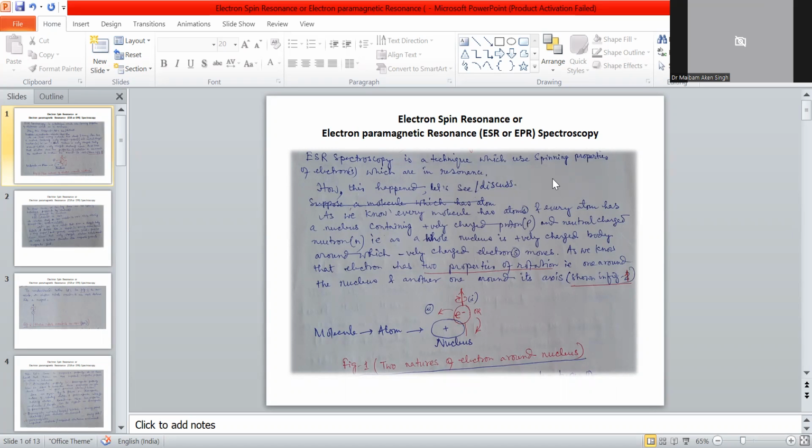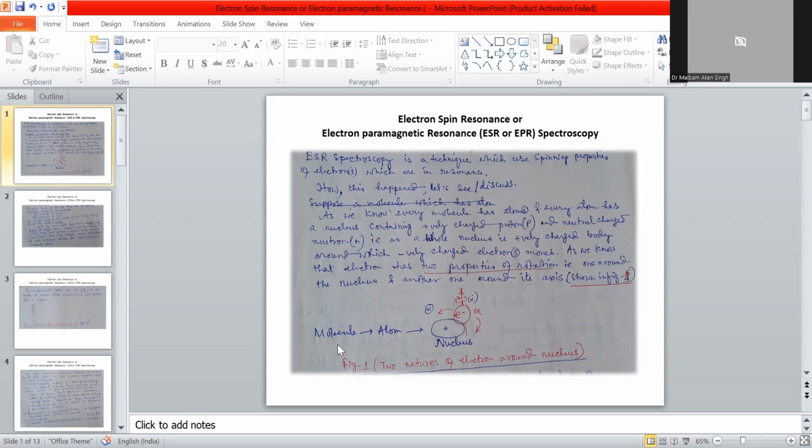As we know from the previous standard, a molecule has atoms and every atom has a nucleus containing positively charged protons and neutral neutrons. As a whole, the nucleus is a positively charged body around which negatively charged electrons move. An electron has two types of rotation, one around the nucleus and the other around its own axis, shown in figure 1.